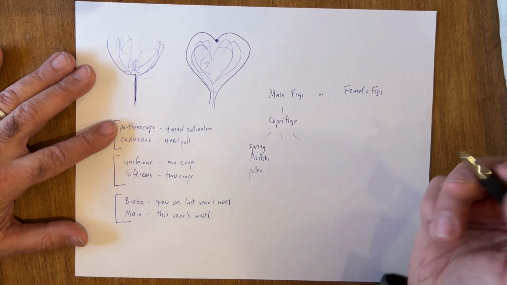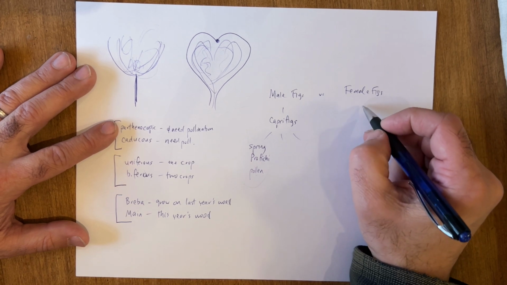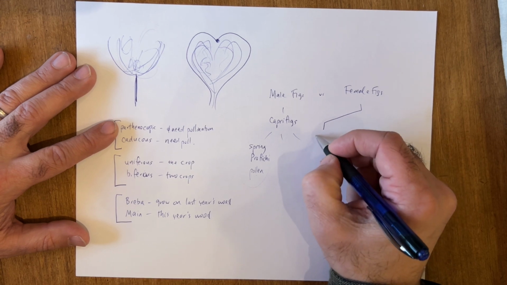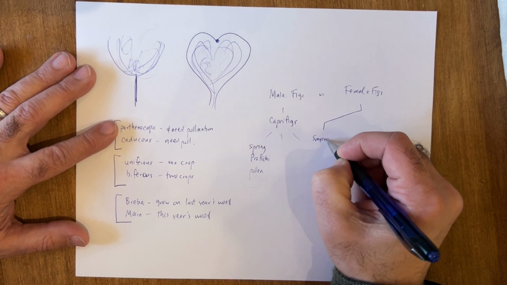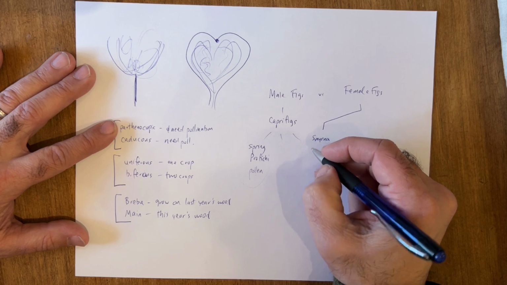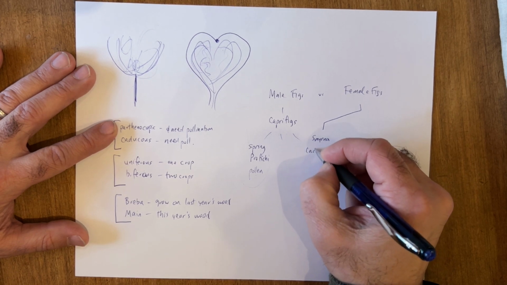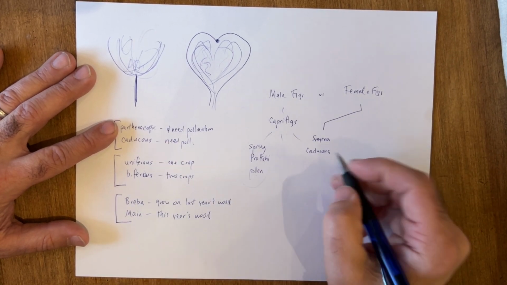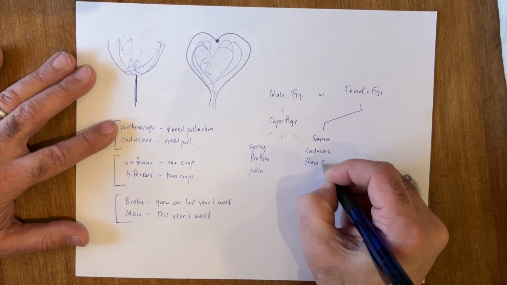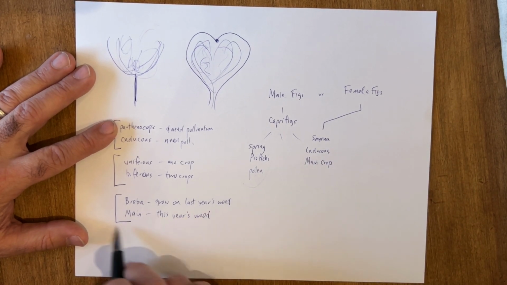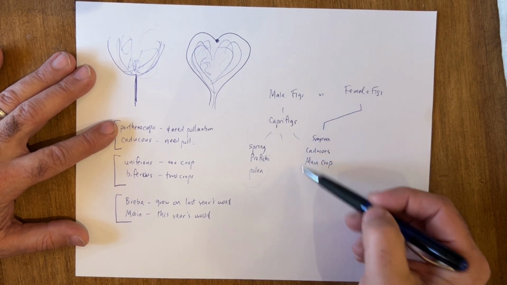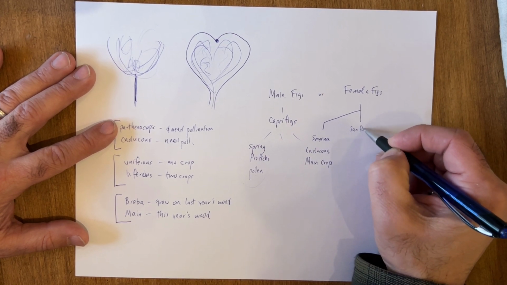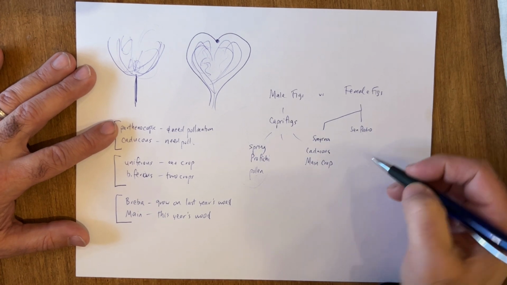So let's talk about female figs. There's a couple of distinctions here, different categories. First category is called a Smyrna fig, and the Smyrna fig is a caducous fig, which tells you it needs to be pollinated. It only gives you main crop. All right, so that's what a Smyrna fig is. The next category is the San Pedro class.